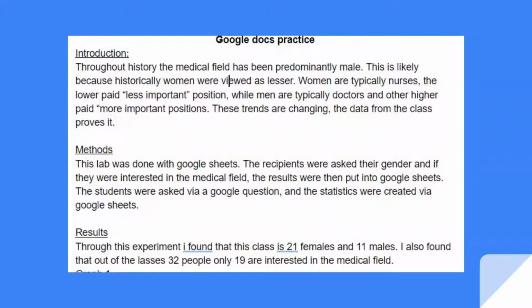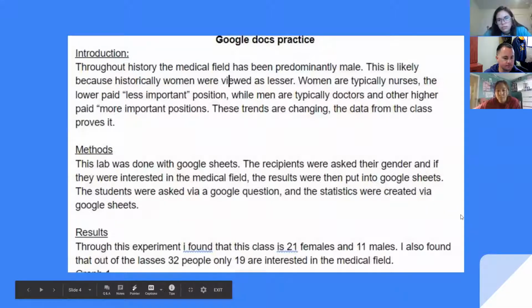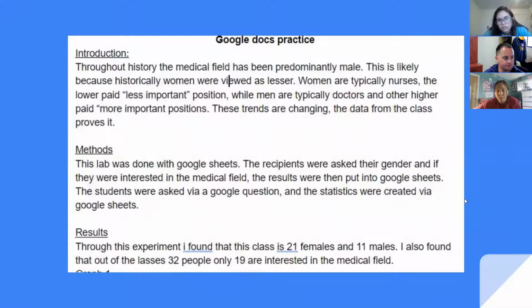I see something. Who's that? Is that Kian? Koa. Koa, what do you got? So next to methods and results, they don't have a semicolon or a colon, and then they entered one down instead of just keeping it right next to it. Okay, right. So after introduction, they put the colon like they were supposed to, but not after methods or results.